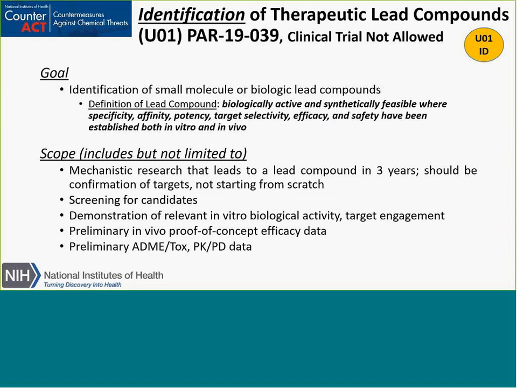Okay, so the U01s. This is the next level of research that we support. This U01 supports research on the identification of lead compounds. By the end of the 3-year project, you should have a compound or compounds that is biologically active and synthetically feasible, where toxicity, affinity, potency, target selectivity, efficacy, and safety have been established in both in vitro and in vivo models.